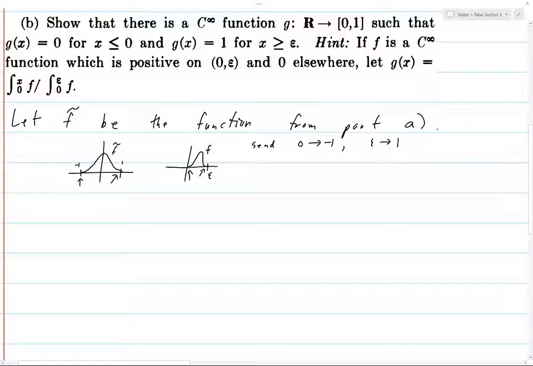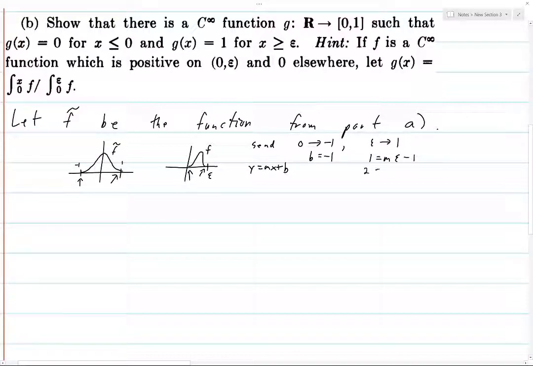And we can go ahead and do this with a linear function. So if we have a linear function, so let's see here, so y equals mx plus b will be our linear function. Now if we send 0 to -1, that means that the y-intercept is -1, so b is going to be -1. Now if we send epsilon to 1, so here y equals mx plus b, that will become 1 equals m epsilon plus b, which is -1.